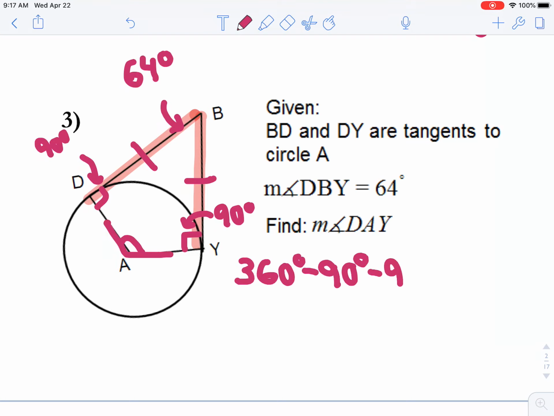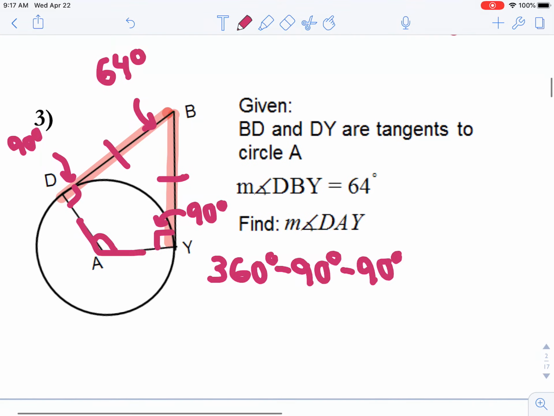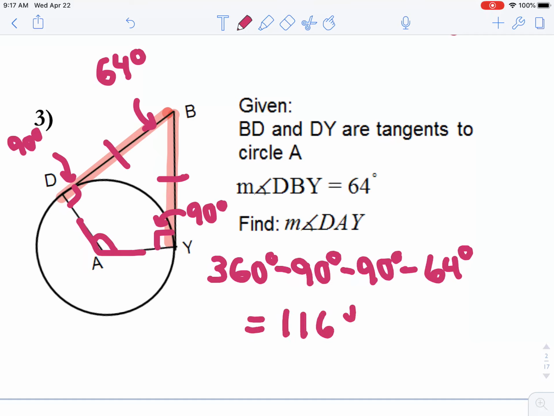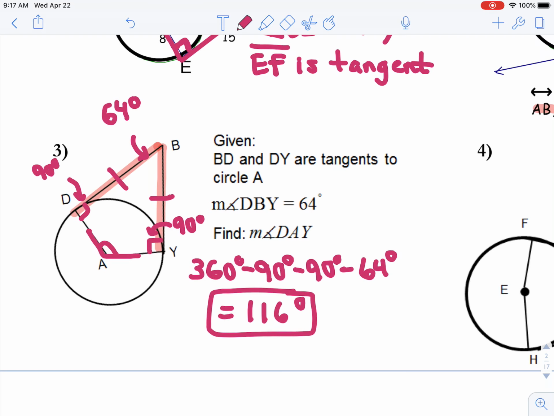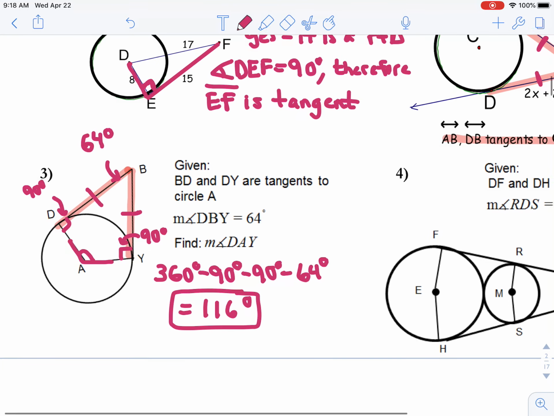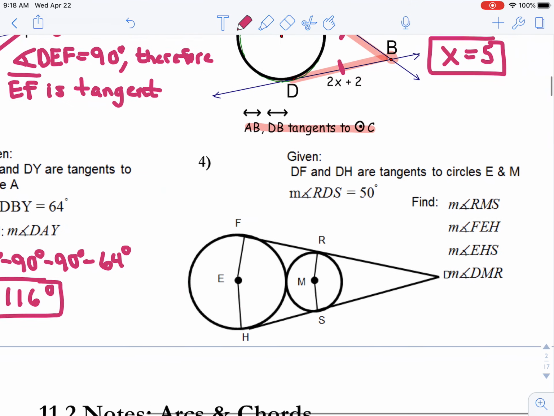So 360 minus 90 minus 90 minus 64. So we get 270, 180, and that leaves us with 116 degrees. We actually look at this, we probably find out that we are possibly looking at a kite there.